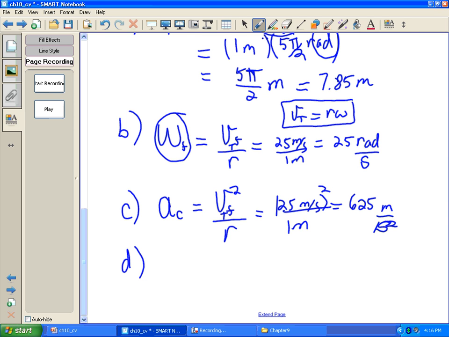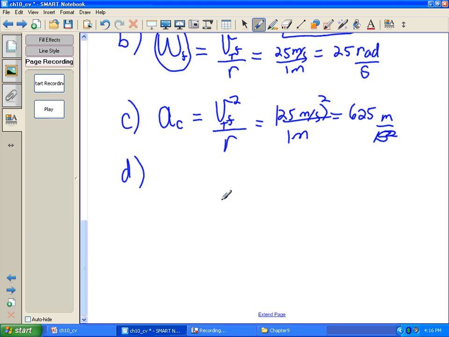Part D wants us to determine the angular acceleration. In other words, they want us to determine alpha. Here, although the definition for angular acceleration is a tangential over r, we don't know a tangential. That is an unknown, and so is alpha.